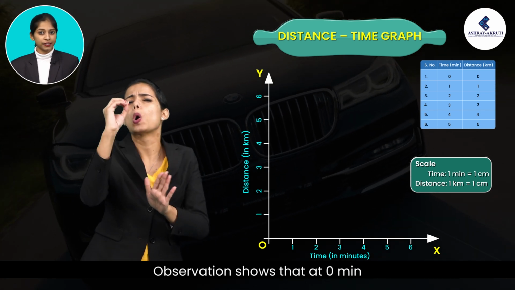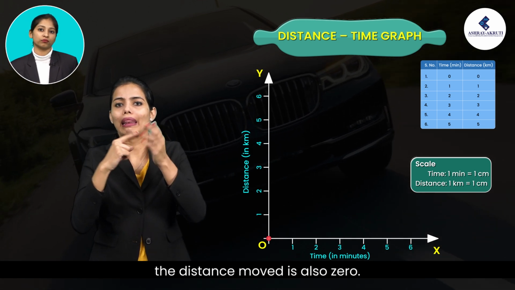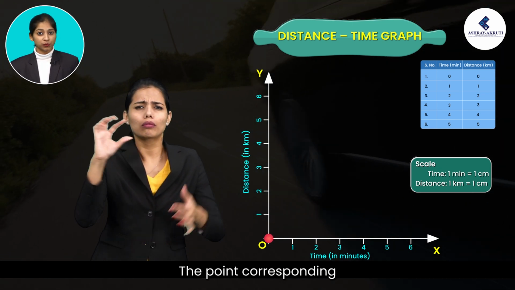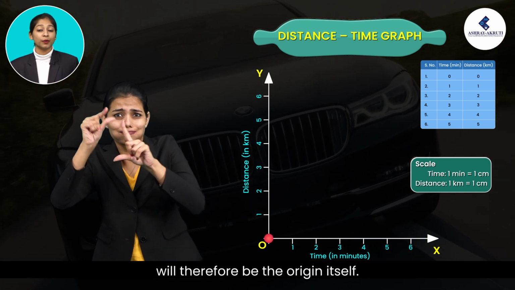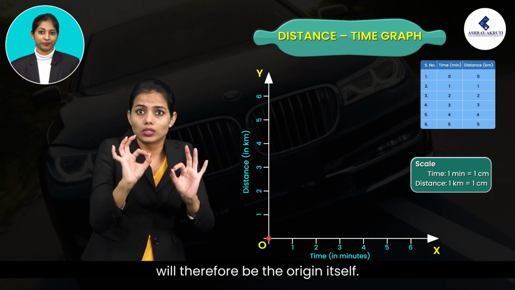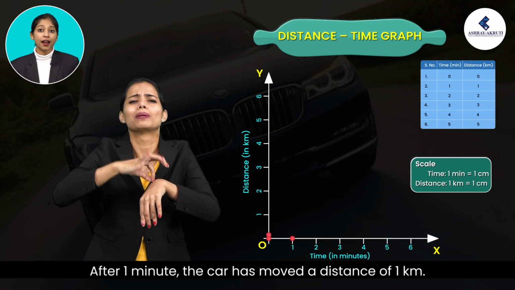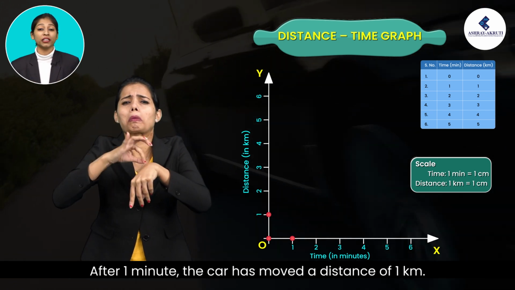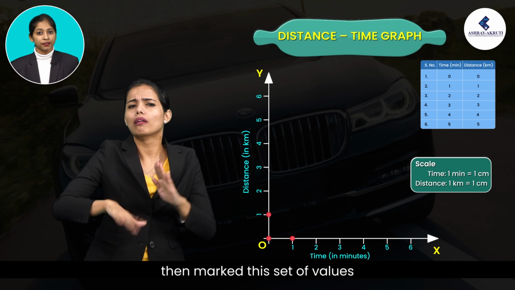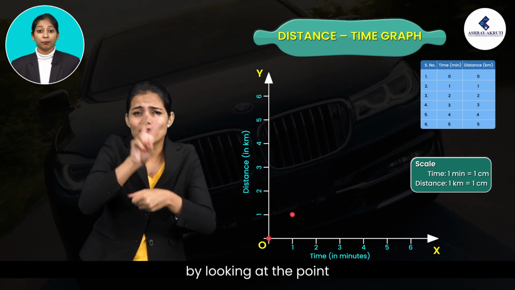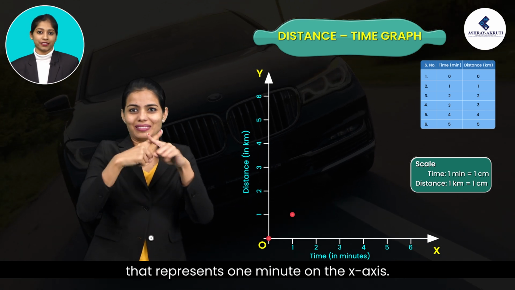Observation shows that at 0 minute, the distance moved is also 0. The point corresponding to this set of values on the graph will therefore be the origin itself. After 1 minute, the car has moved a distance of 1 kilometer. Then, mark this set of values by looking at the point that represents 1 minute on the x-axis.